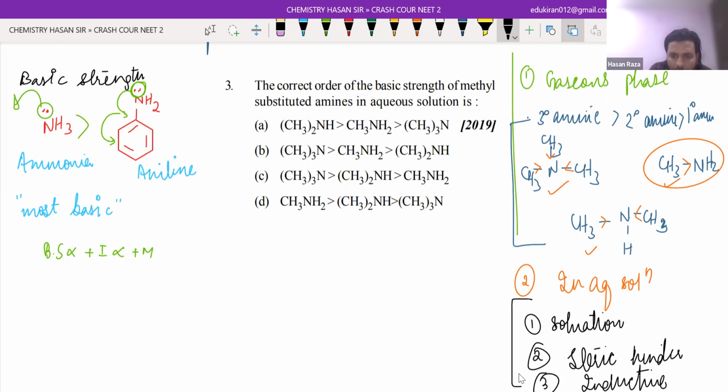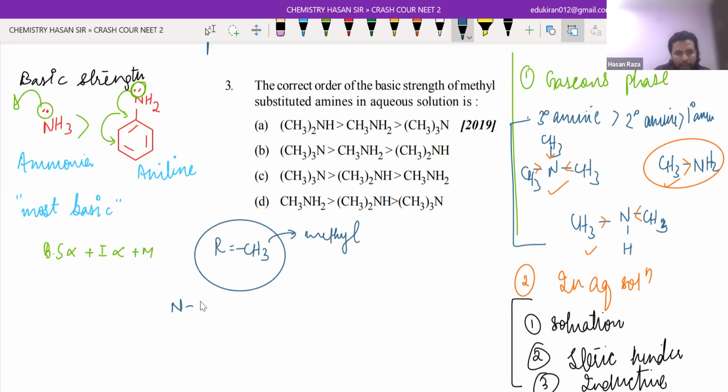So on the basis of these 3 factors, we saw practically that if you have R as methyl, R as CH3, then 2-degree, you can see this is your CH3, H, and this is your CH3. Most basic, then comes your 1-degree, then comes your 3-degree.